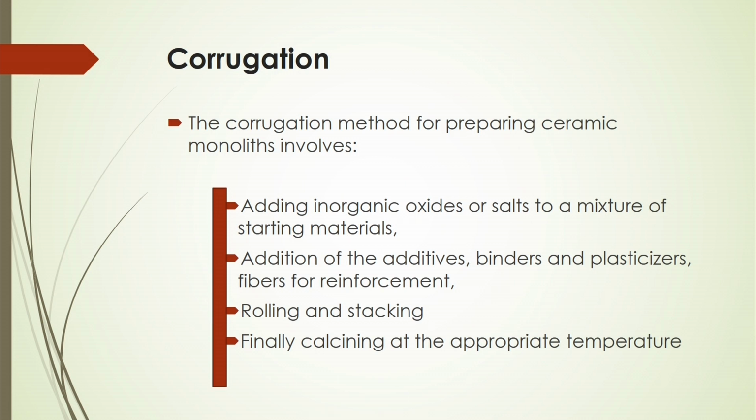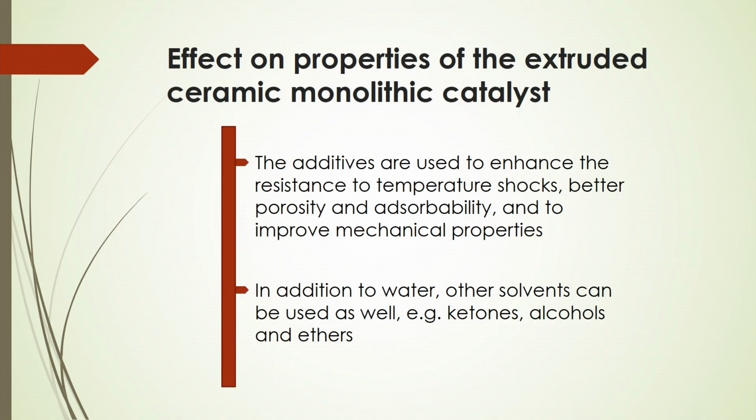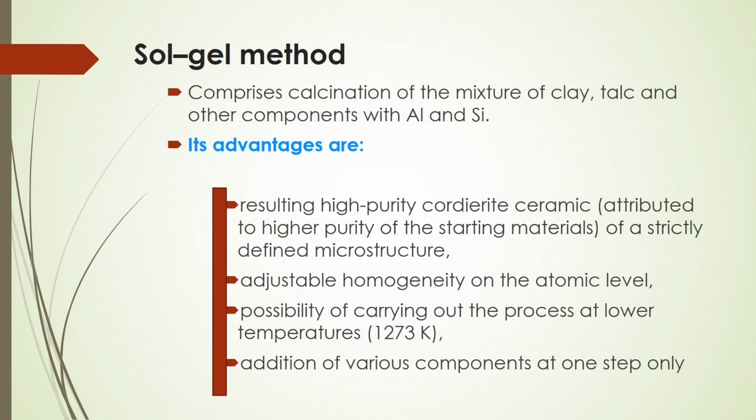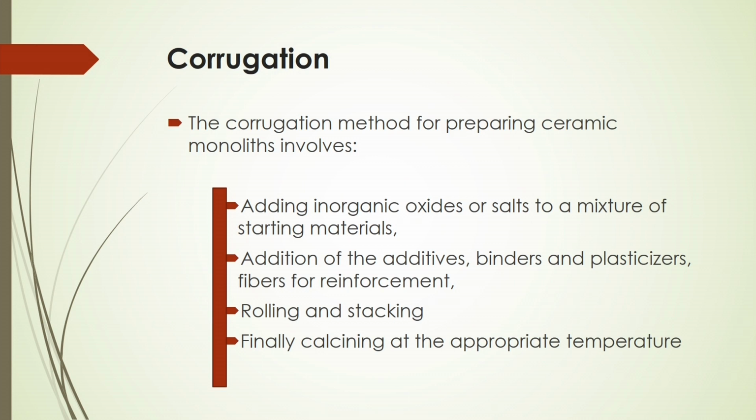And in this case, additives like the different materials we discussed earlier, such as cellulose, calcium chloride, ethylene glycols, diethylene glycols, alcohols, paraffins, etc., are used, and also binders and plasticizers, and fibers for reinforcement of the monolithic structures. And after that, in this process you have to roll it down, and then stacking should be done.